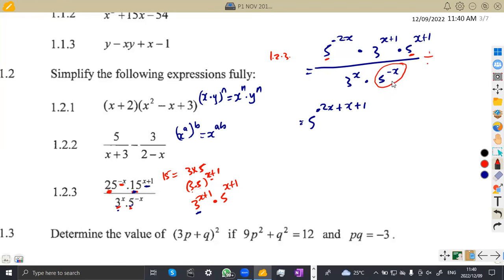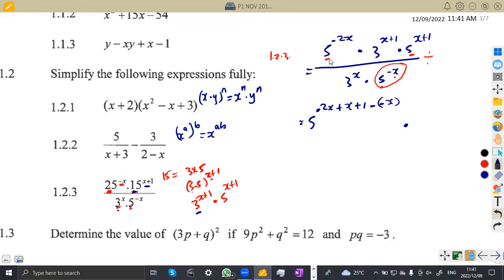So what is going to happen with the negative x that we have here, which is this 5? If you divide, you subtract the exponents. So here we are going to subtract the exponent of negative x. This is what you're going to have. So take note, 5 is already having an exponent which is a negative, but the law states that we are supposed to subtract. So it's the negative for the law, then the negative for this x that we are given on 5. Okay, so we're done with 5.